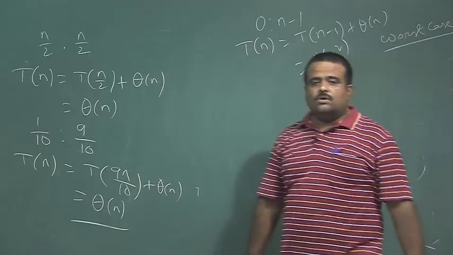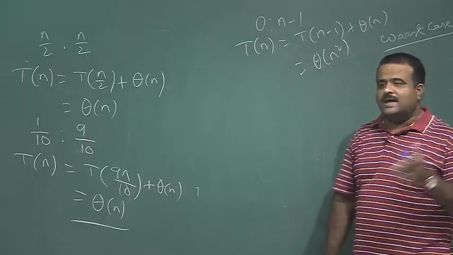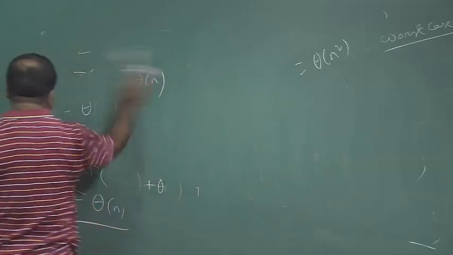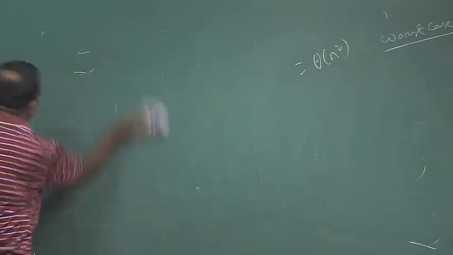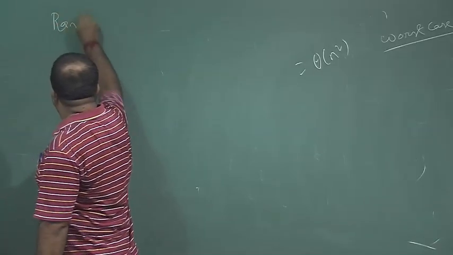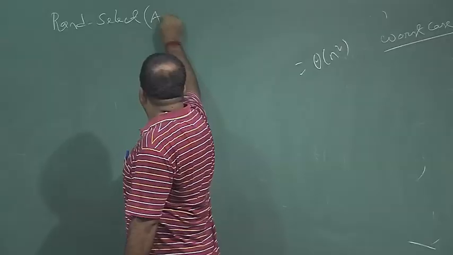Okay. So, for the average case analysis, we can choose the partition as a random partition, and we can have a randomized version of the select, like randomized quick sort, which is denoted by rand select.